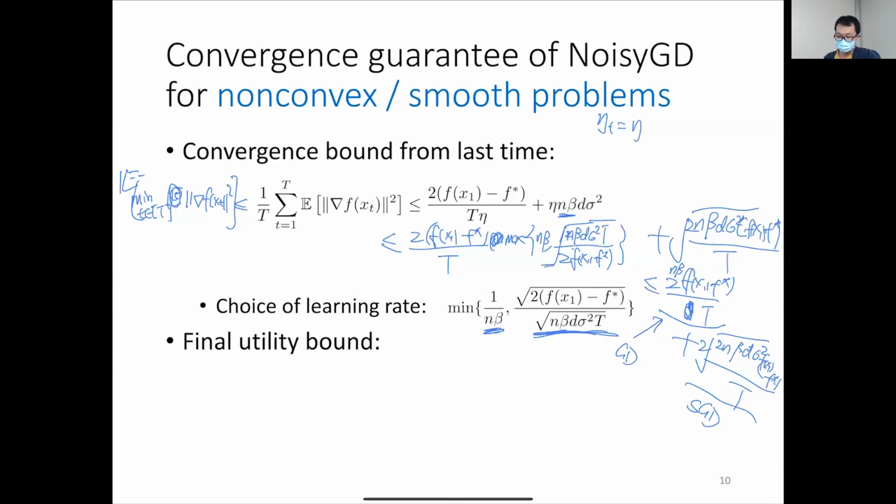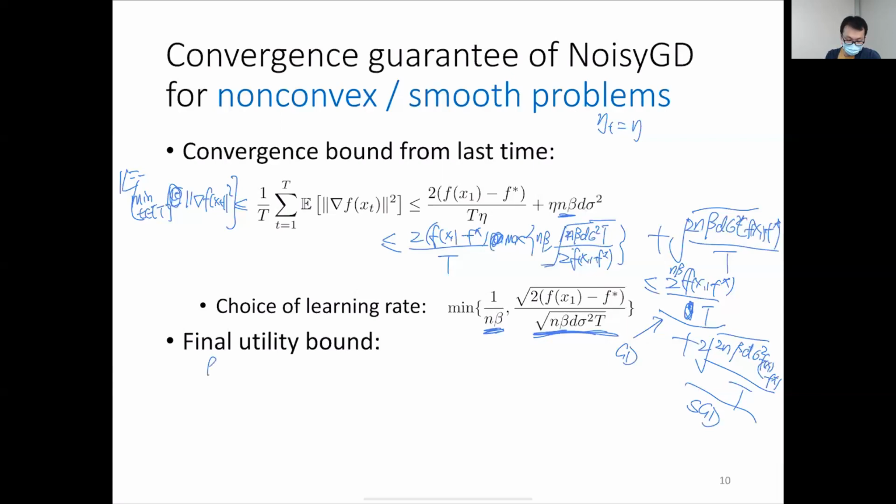Okay, so this bound can be obtained by this choice of the learning rate, and now the next thing we want to do is figure out our choice of the sigma parameter and t parameter, so that we can write this suboptimality bound, or stationary point convergence bound, as a function of the epsilon parameter or rho parameter from rho CDP.